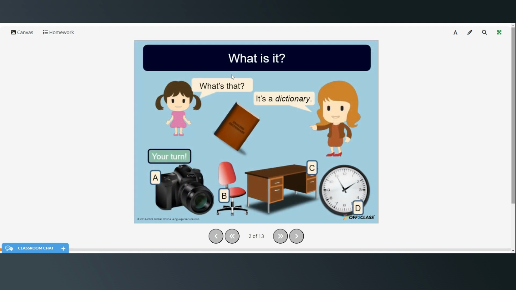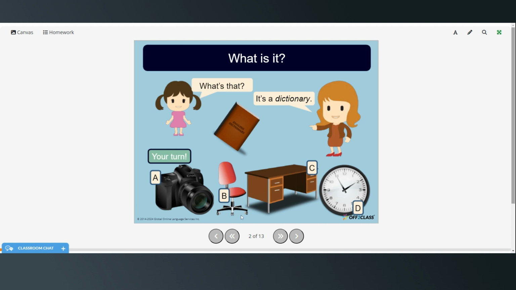Alright, so we might ask the question, what is it? Or what's that? So we would say, it's a dictionary. So what's that? See if you can give the answer. The answer should be, it's a camera.